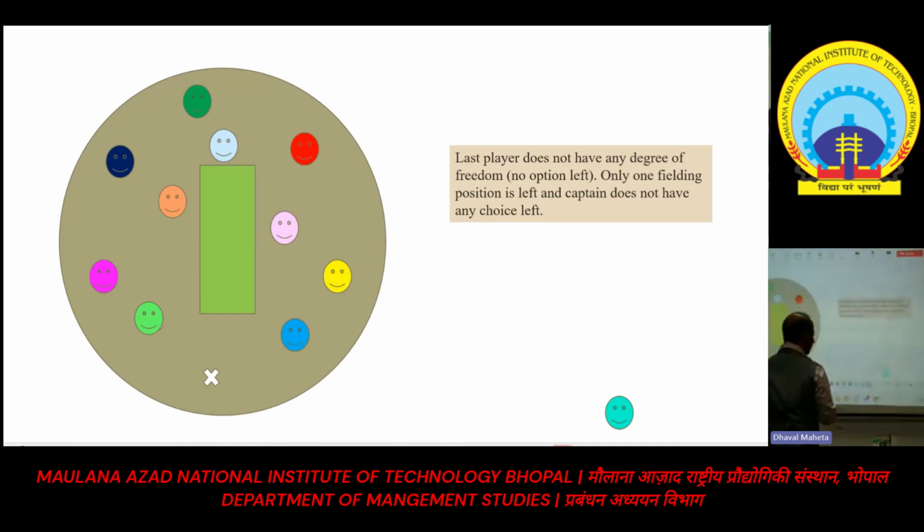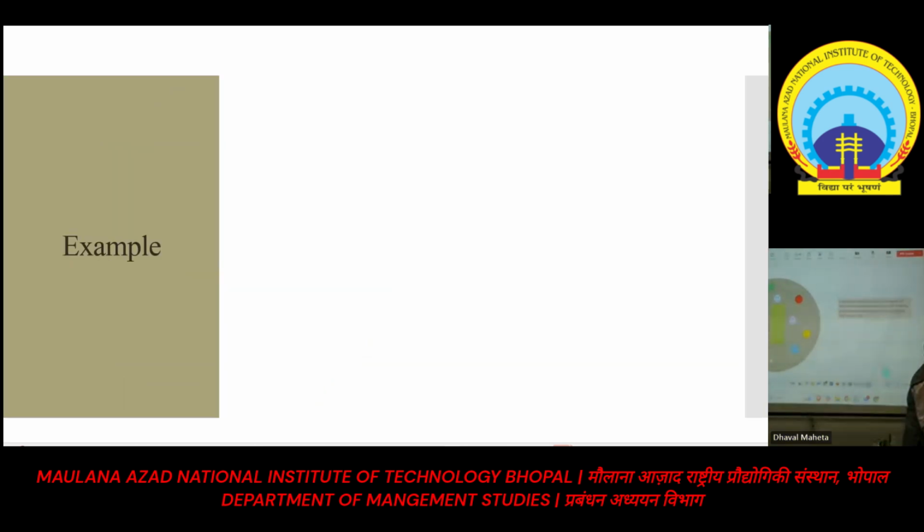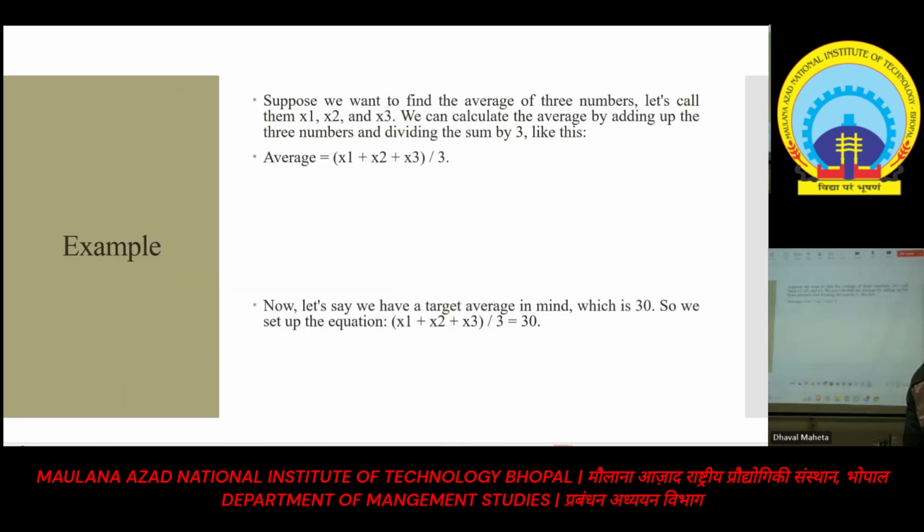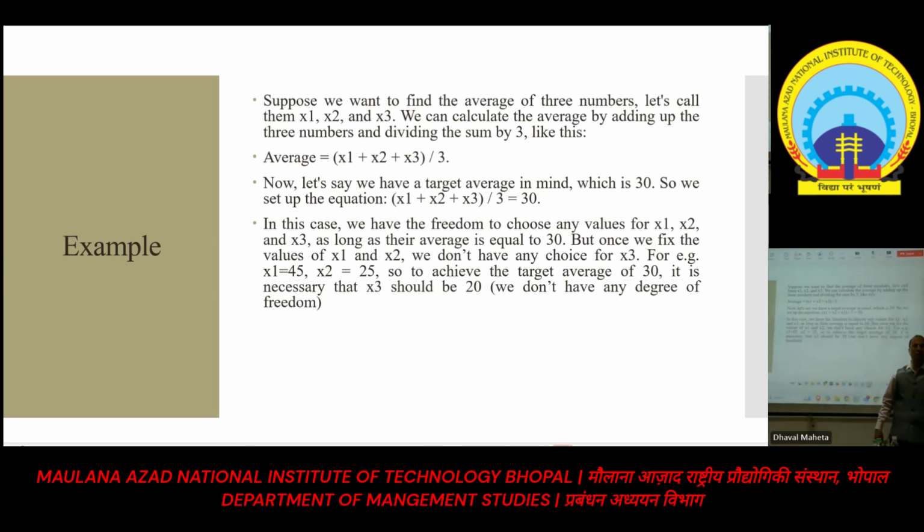The same problem we face when we are solving (x1 + x2 + x3)/3 = 30. If I fix the value of x1, do x2 and x3 have freedom? Yes. Now if I fix x1 and x2, x3 has no freedom. There is no freedom.